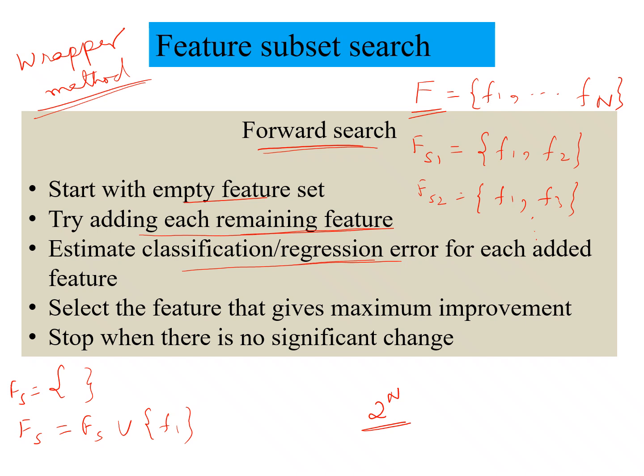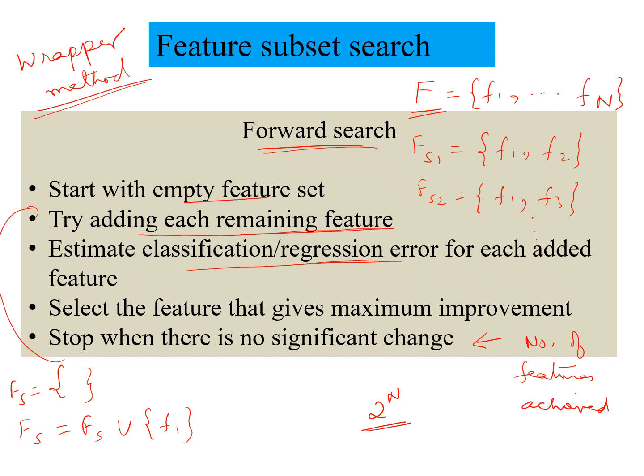So what we just said, we start with an empty feature set, add on features, estimate the error, then again we go on doing this iteratively. Stop when there is no significant improvement in accuracy, or we could have other stopping criteria, that we have decided on the number of features, so the number of features is achieved, or no feature remaining.